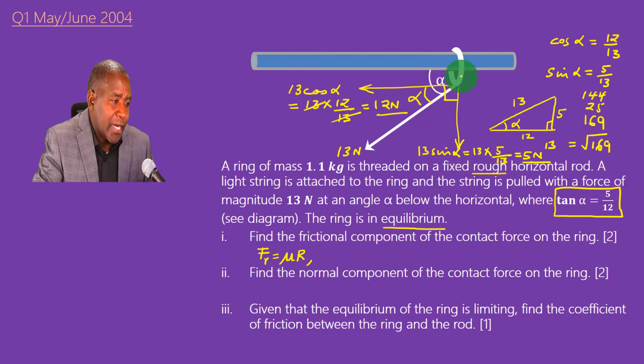Let's look at the weight of the ring. The weight of the ring is somewhere at the center of that ring. So I'm going to draw a line from that point pointing vertically downwards. And this will be the weight of that ring. And its weight is mg. It will be 11 newtons.